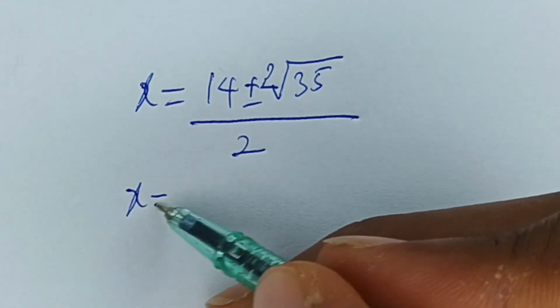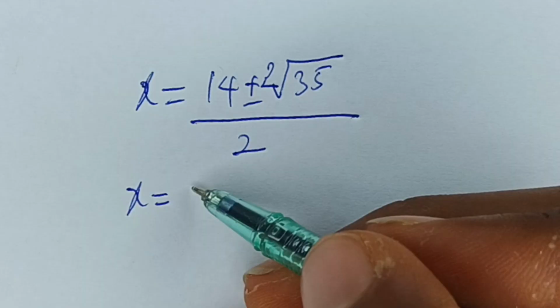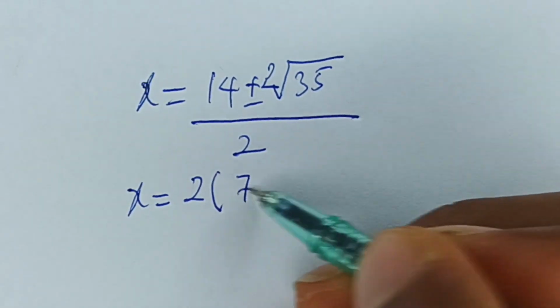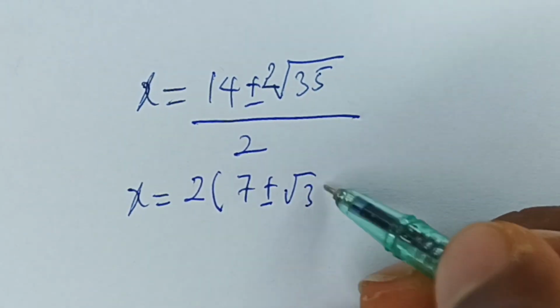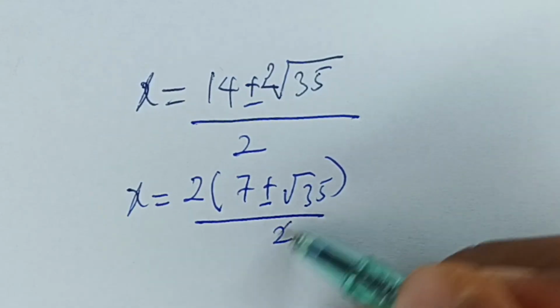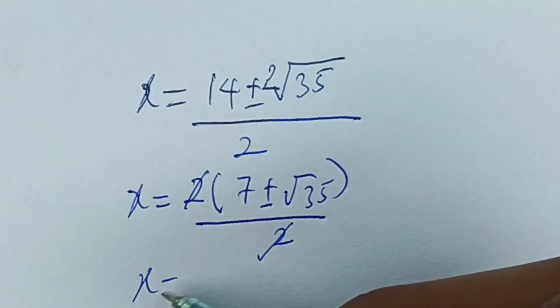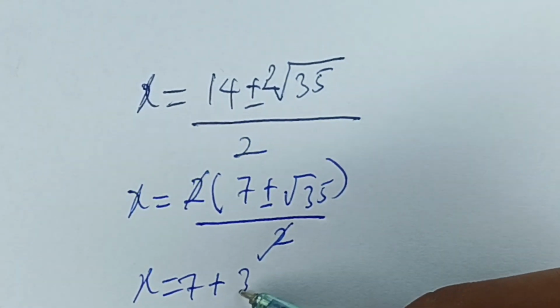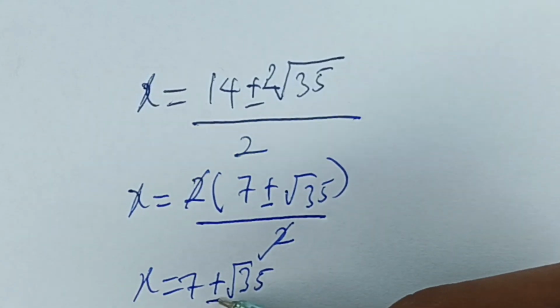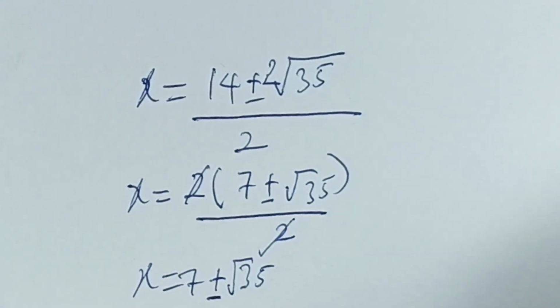Factoring out 2, we have 2 multiplied by 7 plus or minus root 35 all over 2. 2 strikes 2, so that x becomes equal to 7 plus root 35 or 7 minus root 35.